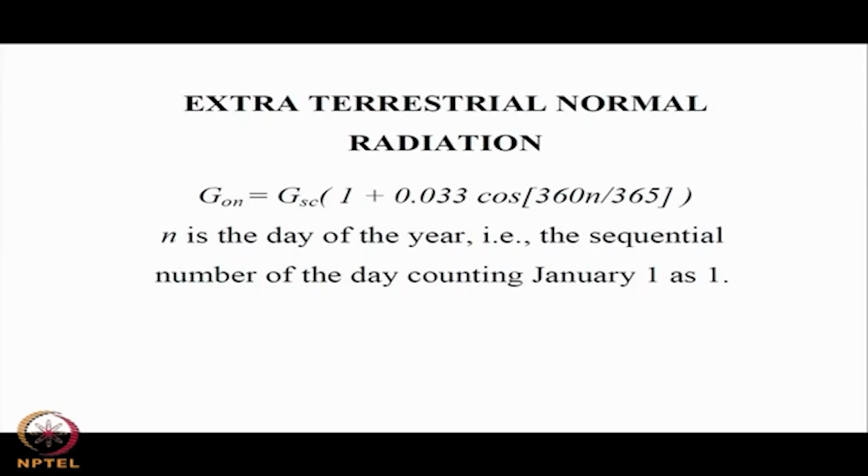So, now on an instantaneous basis, we know the extraterrestrial radiation, which is the intensity. At any given instant of time, this is the amount of radiation that will be received if there is a surface at one sun to earth actual distance on the day n.